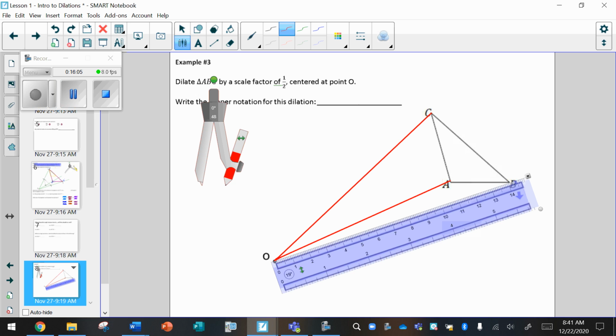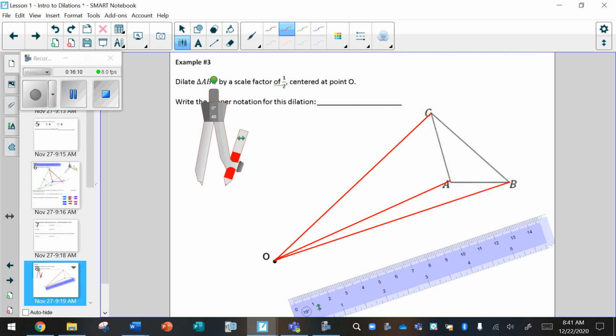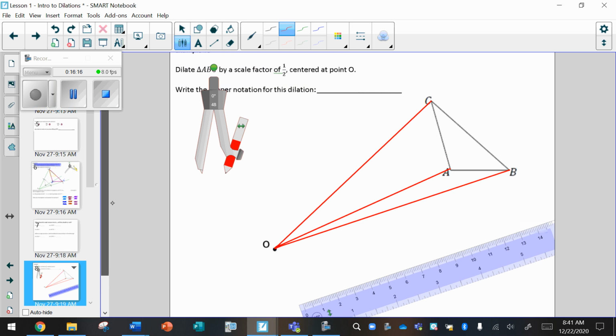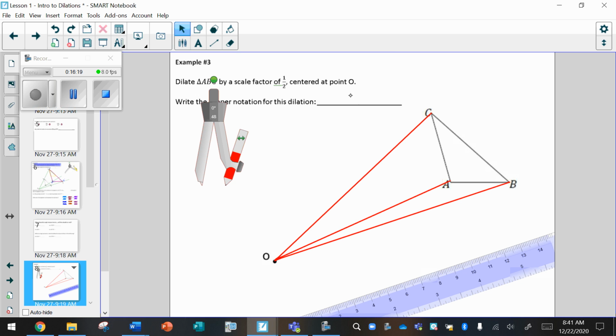So take some time, pause the video, and bisect each one of those segments, OC, OA, and OB. That way you can find the midpoints, which would be the three vertices of the new dilated triangle that represents half the size of the original. So pause the video, do the construction, then come back.